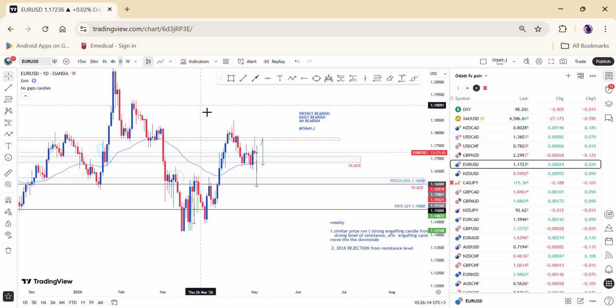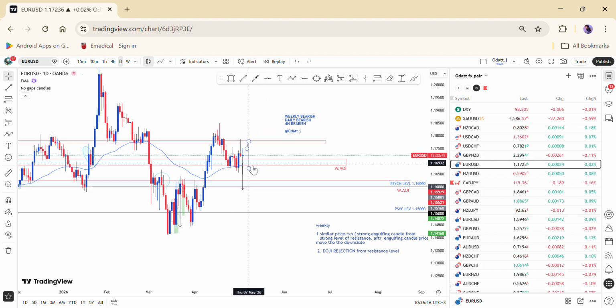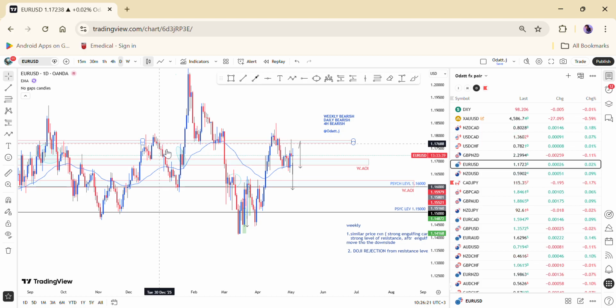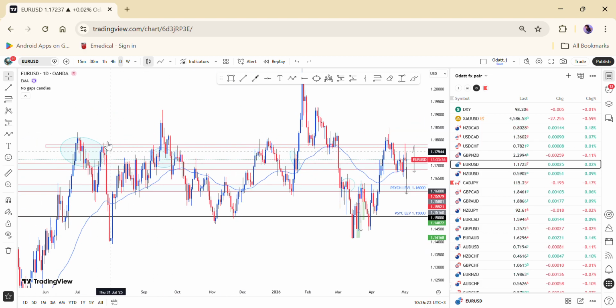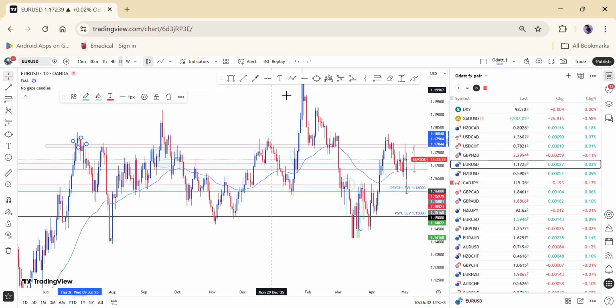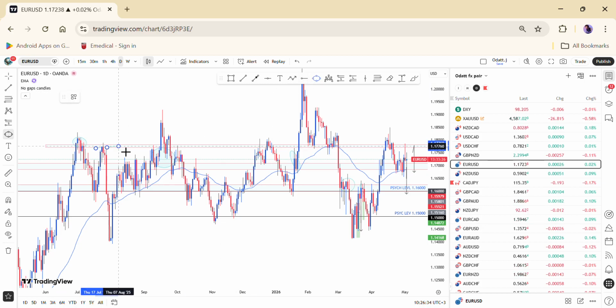If price comes to this area and gives me rejection, like the doji rejection here, I'll consider taking this trade to the downside.